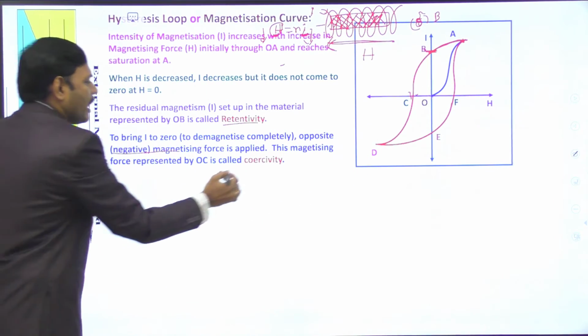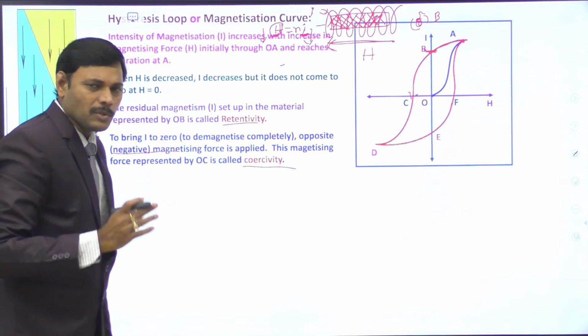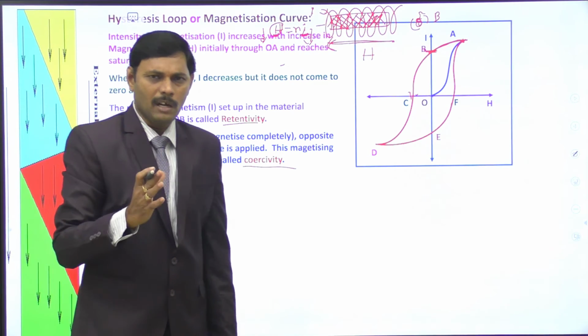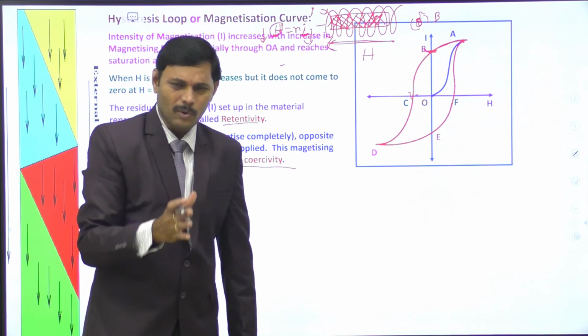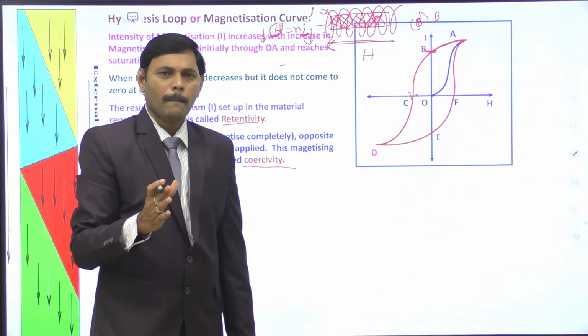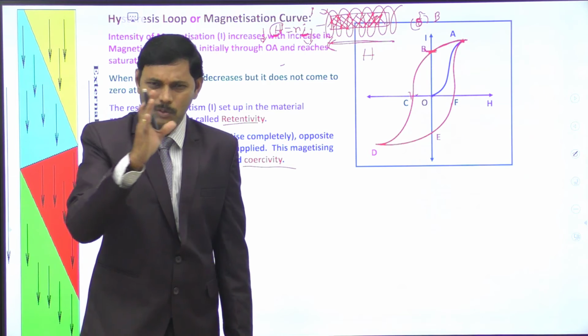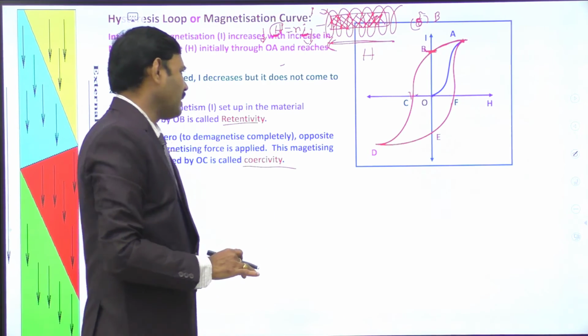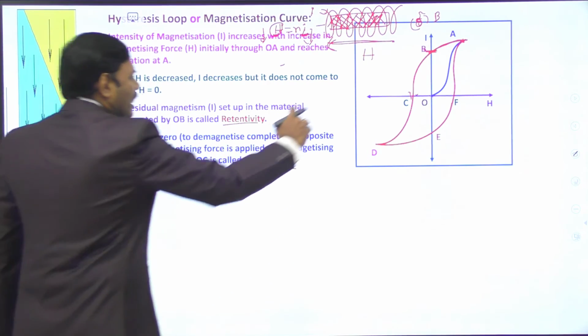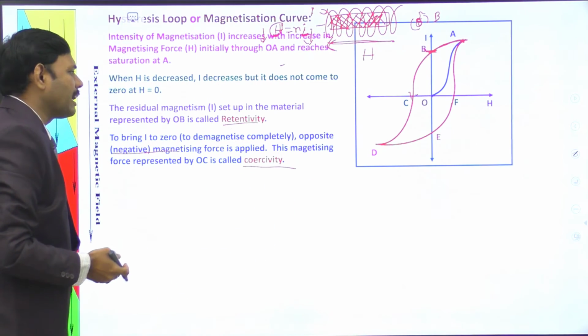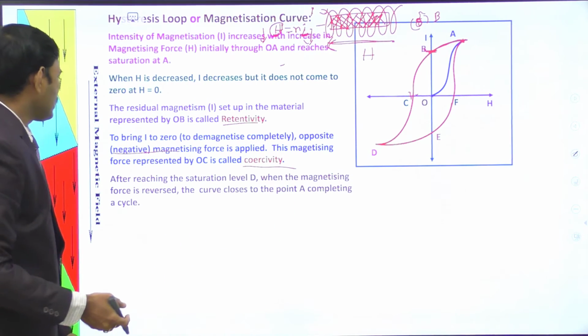This OC is known as coercivity. The negative value of applied magnetizing force required to bring the intensity of magnetization of the magnetic material to 0 is known as coercivity. Then as we increase the magnetizing force in the negative direction, it reaches saturation.